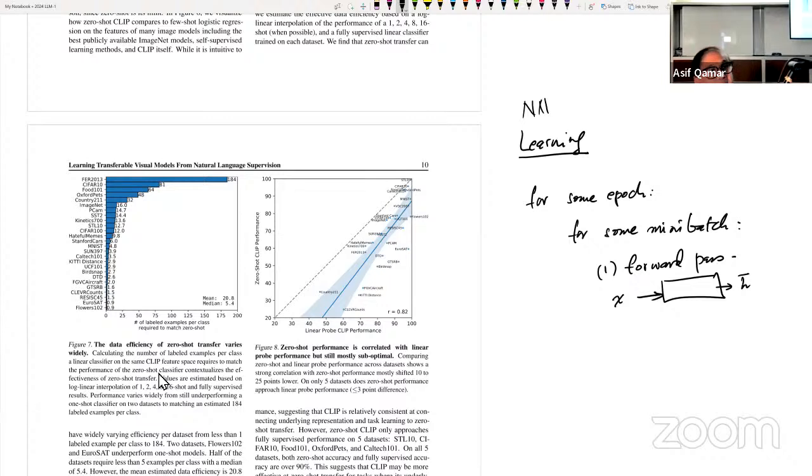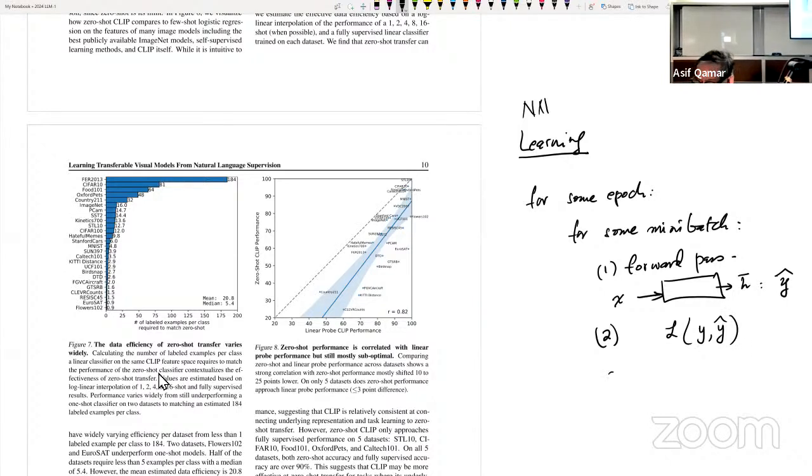Now the second step in machine learning is to compare it to what you want it to be. It's the loss. So if we call the output y hat, you feed that against the ground truth to get a loss function.